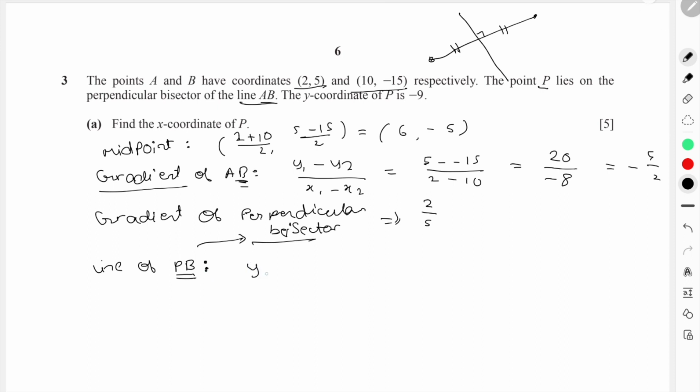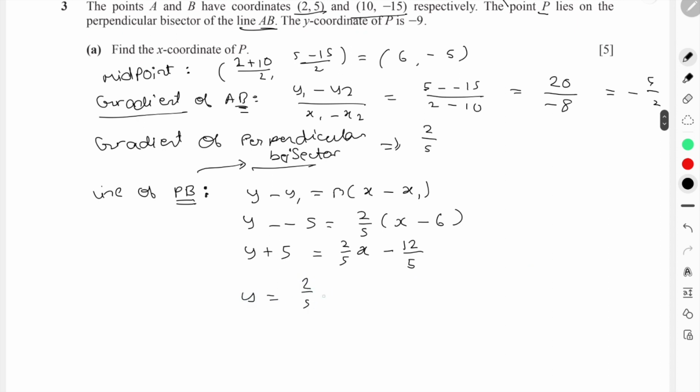And so we know that it's y minus y1 equals m into x minus x1. Now let's just plug in the values. So y plus 5, then m is 2 by 5, so x minus 6. And we get y plus 5 equals 2 divided by 5 x minus 12 by 5.